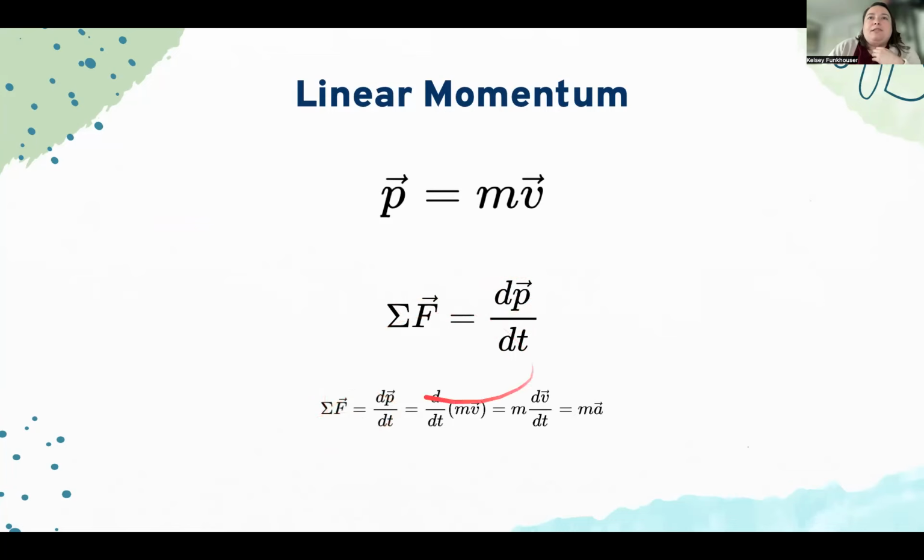So if we say this is true, and then we can plug in mass and velocity for the momentum. And then mass we assume to be constant throughout the collision, so we can pull that out. And then we just have the change in velocity over time, which is the acceleration. So this equation here, which seems unusual or weird, is actually just Newton's second law in a different form.